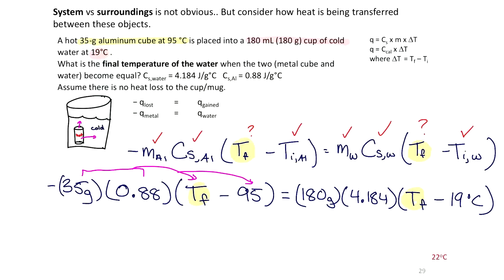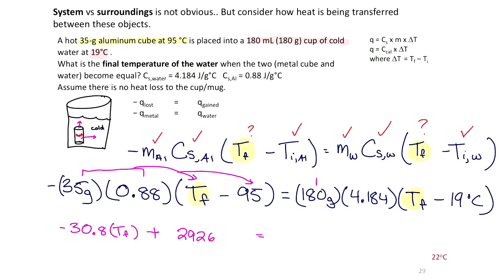If you do that, you get, and do not forget that negative sign or you will be very sad, negative 30.8, there's my variable, plus, because it's minus a negative number, plus 2,926.